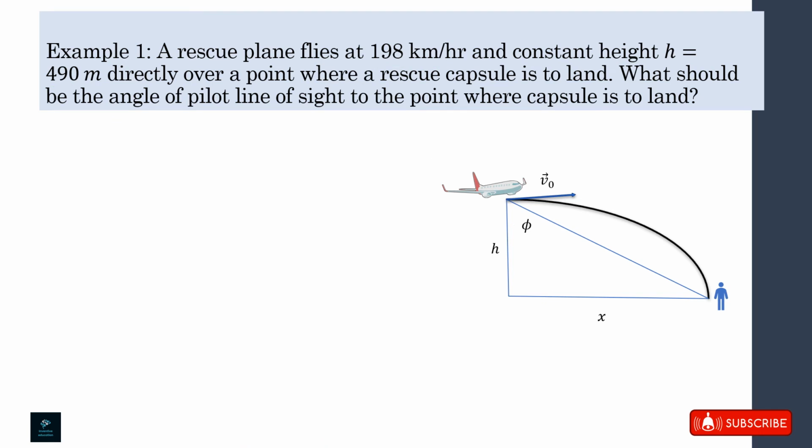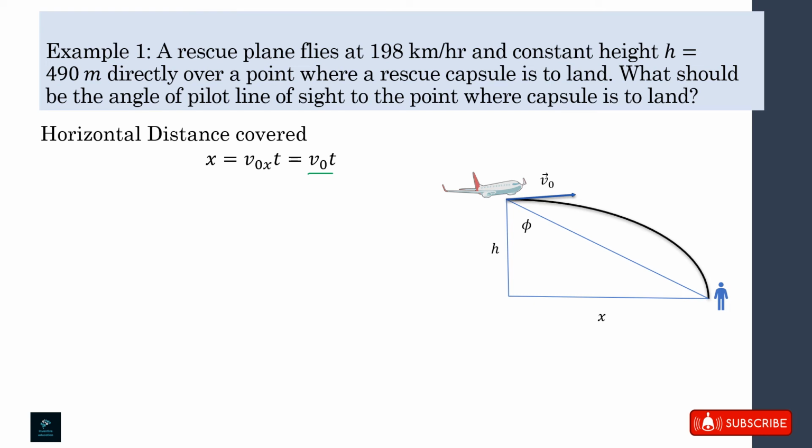Now that we have determined the time taken by the rescue capsule to land, we can use the horizontal equation of motion to find the horizontal distance covered by the rescue capsule. The horizontal distance covered by the rescue capsule is given as x is equal to v0x times t, and since v0x is v0, therefore x is equal to v0 into t.